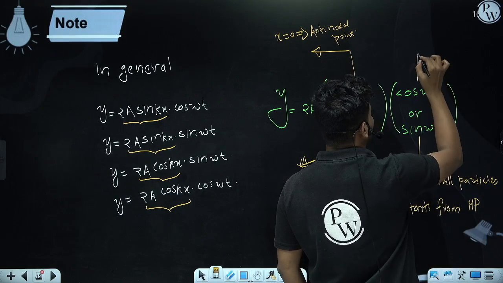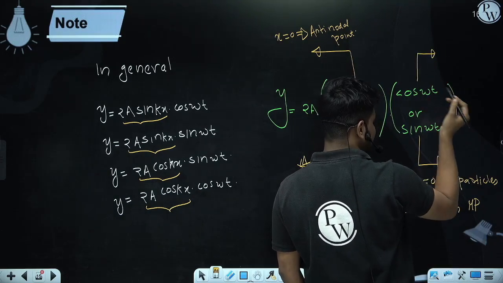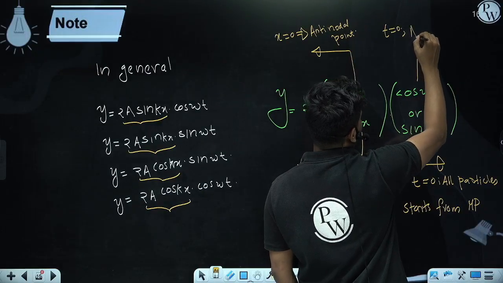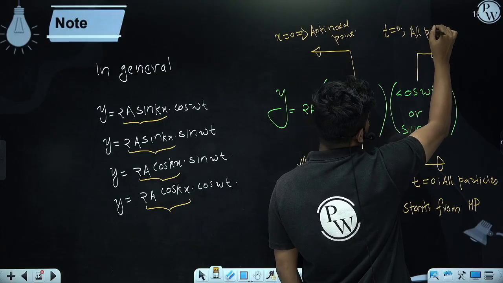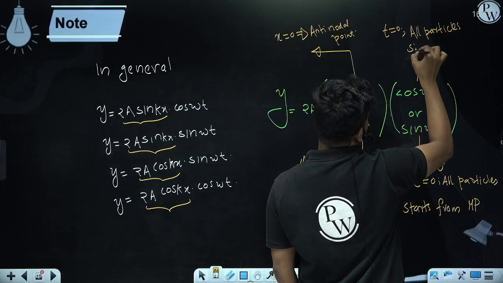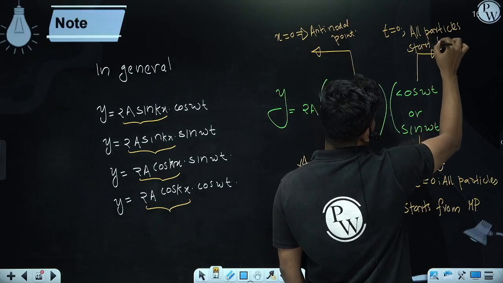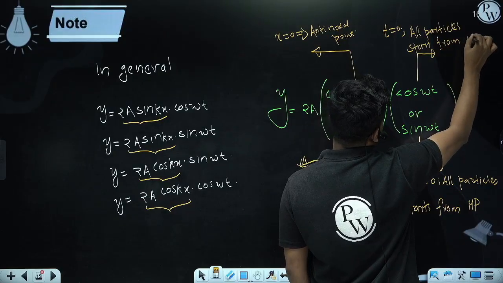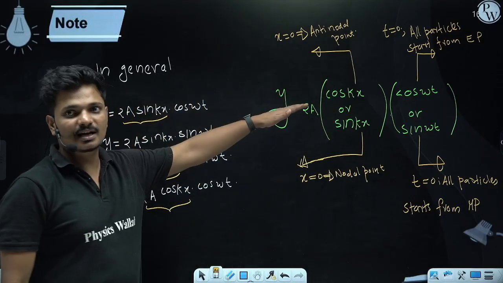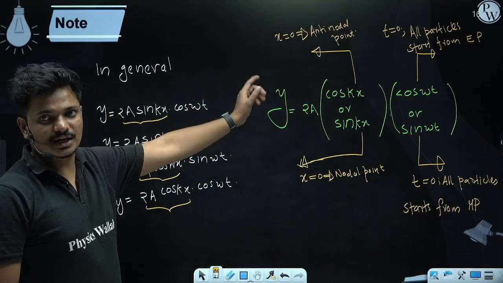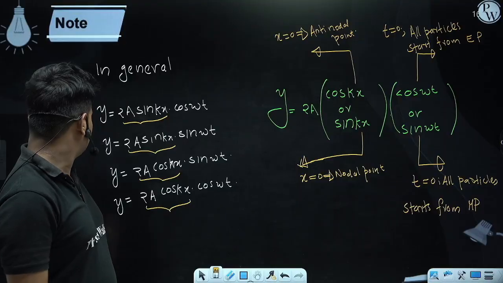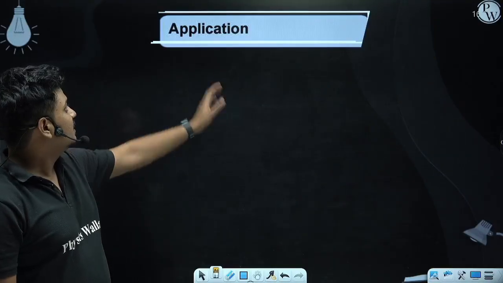If cos omega t comes when time is equal to 0, we can say that all particles start from extreme positions. So in general, we can write y is equal to 2a into cos kx or sin kx into cos omega t or sin omega t. Very important.